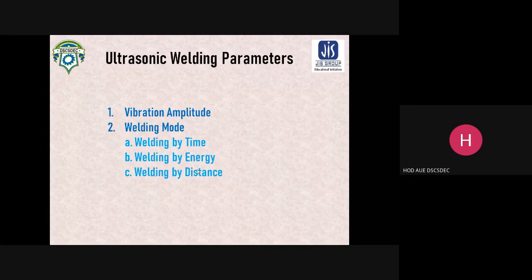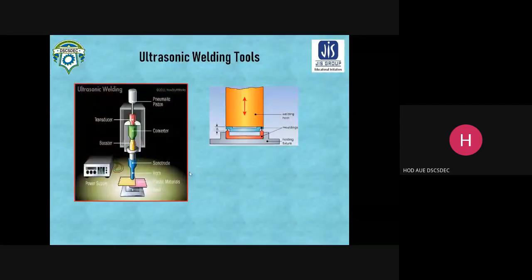Now coming on to the basic parameters. First of all, the most important parameter is the amplitude. Any successful welding will depend on the proper amplitude of vibration, the amplitude of the vibrations which are occurring at the tip of the horn.